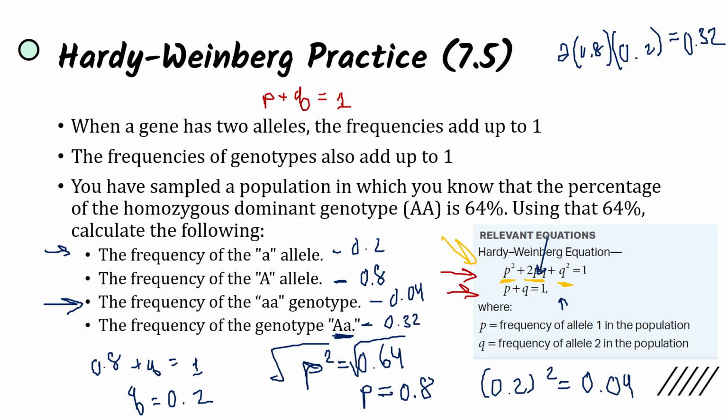And then we can do the math on that to check our work. If we add up all of our frequencies of genotype, if we add up 0.64 plus 0.32 plus 0.04, we will get 1, meaning we have accounted for all individuals in the population, correctly figuring out the frequencies of each genotype.